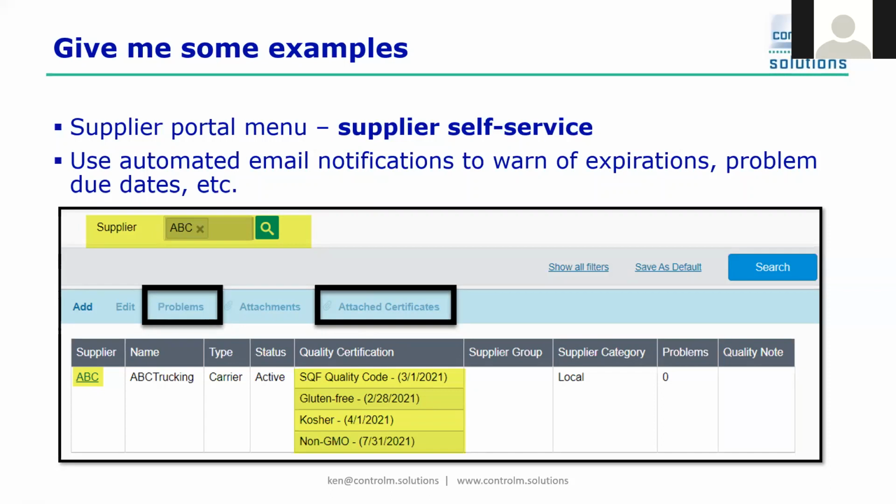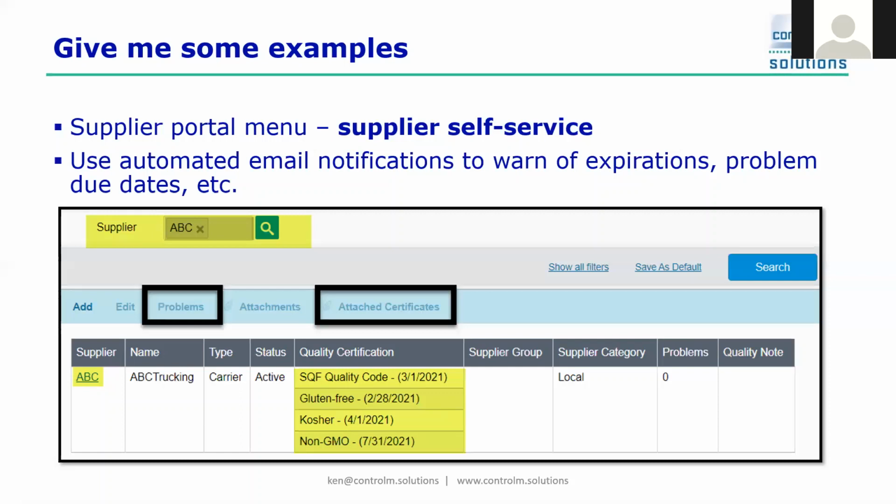There are various reports in Plex and automated email notifications that can be used to allow us to manage these. So we can send notifications to someone in your organization that says, hey, ABC Supplier's SQF quality code is getting ready to expire on March 1st, 2021.